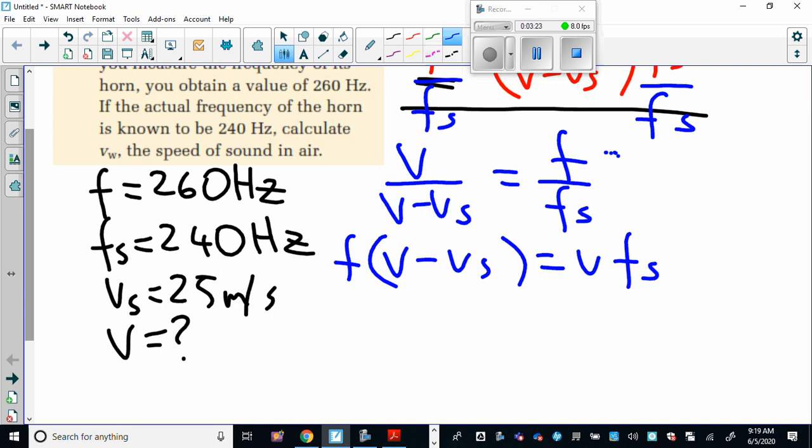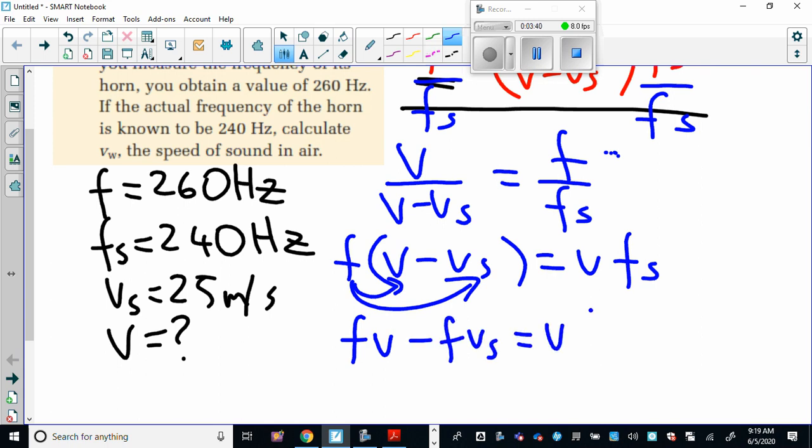Now what we can do is distribute to get FV. All right, now you can see this is getting very complicated.